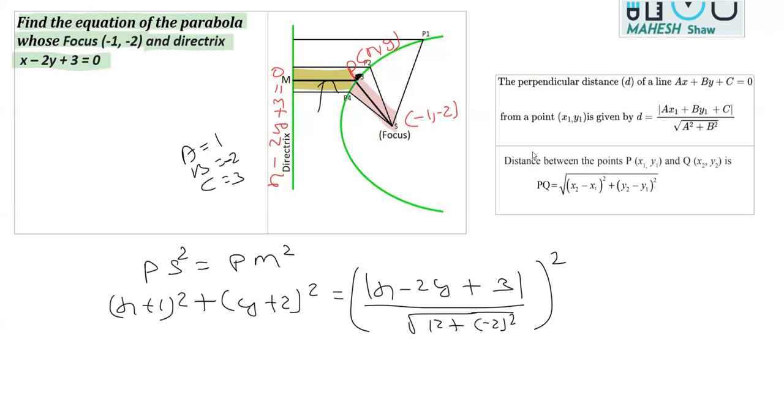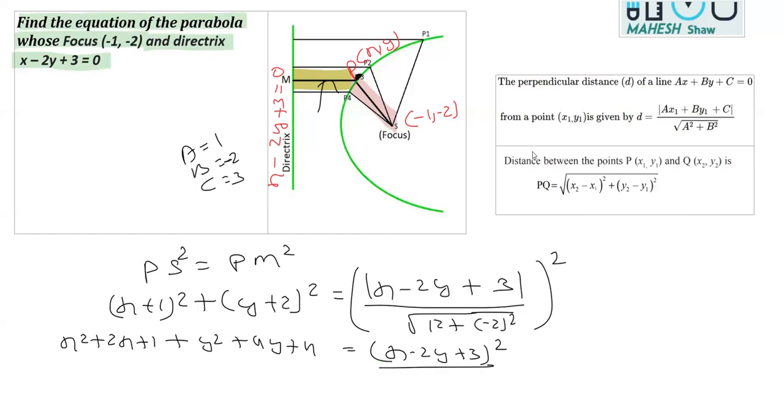On further simplification, we can do expansion of this. This is A square plus 2AB plus B square. This is y square plus 2AB, which is 4y, plus 4. And on the expansion of this, I'm going to get x minus 2y plus 3 whole square, and below it is under root 5 whole square, right?